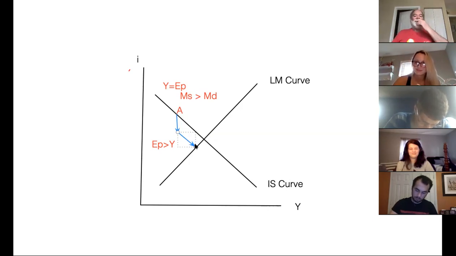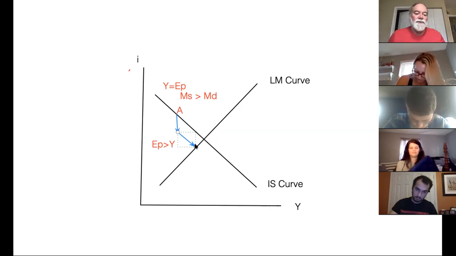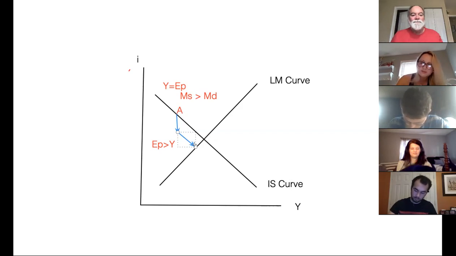Good. Okay. Now, because we're back on the LM curve, what's true about money supply and money demand? They're equal. So what happens to interest rates? They don't fall.